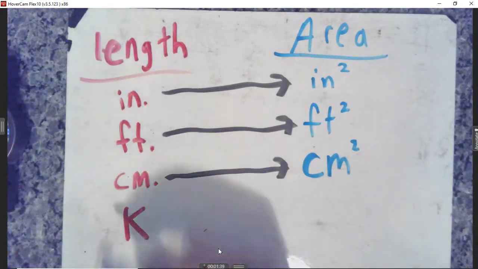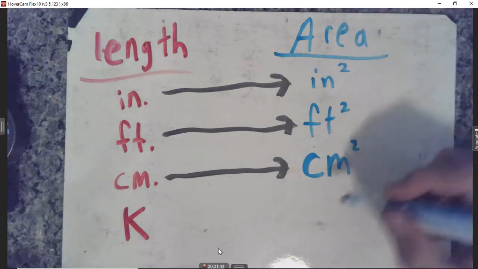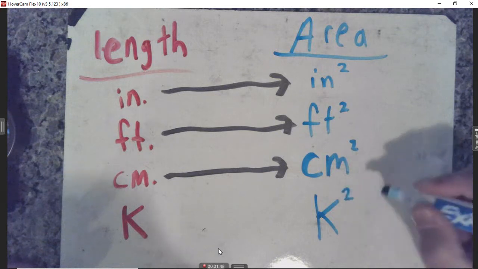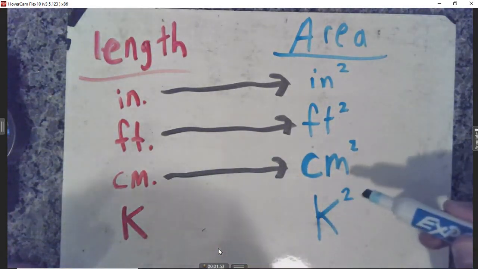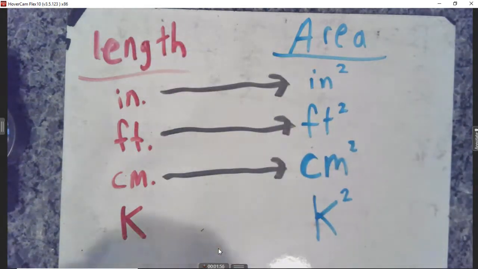We're going to use K as our scale factor for the length, and if that's the case, then your area scale factor would be that same scale factor, but now it's K squared.